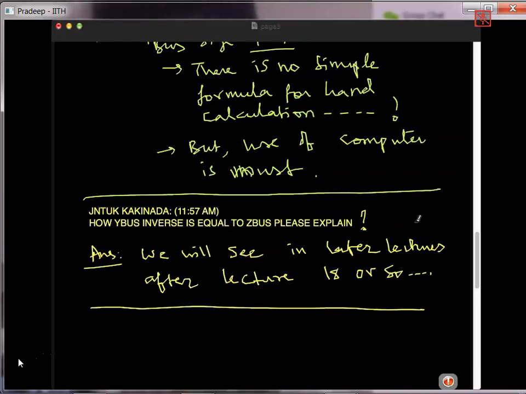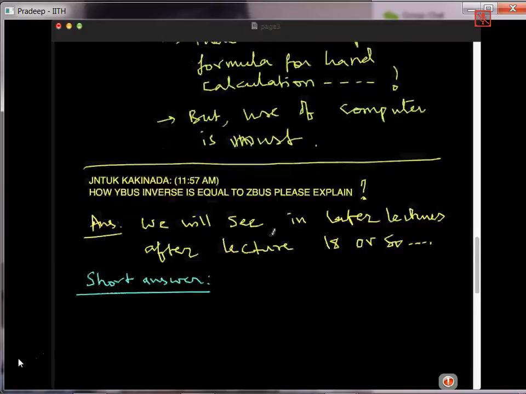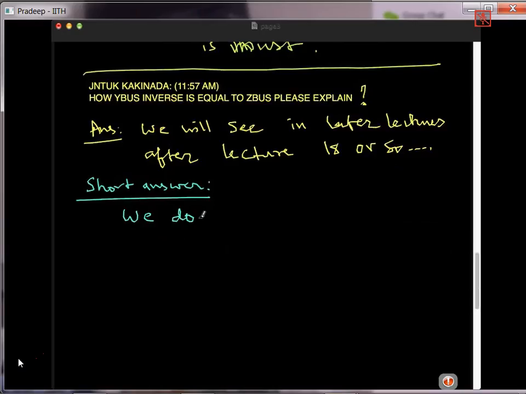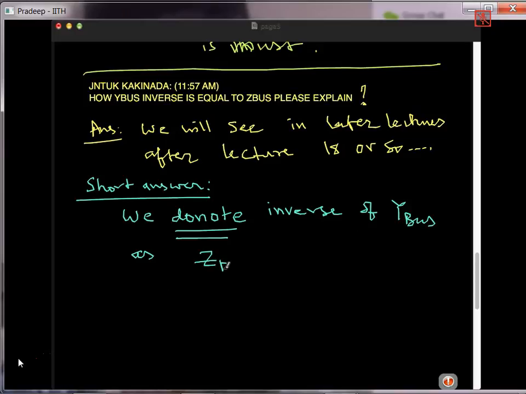Instead of postponing, I'll give you a simple answer also. We denote the inverse of Y bus as Z bus.